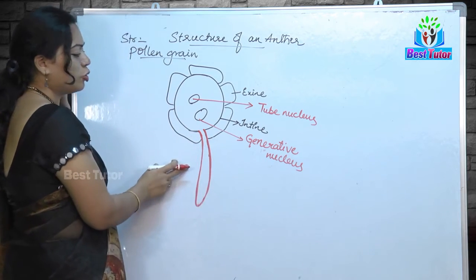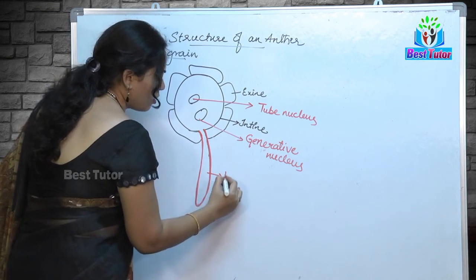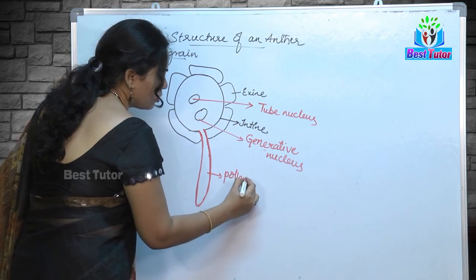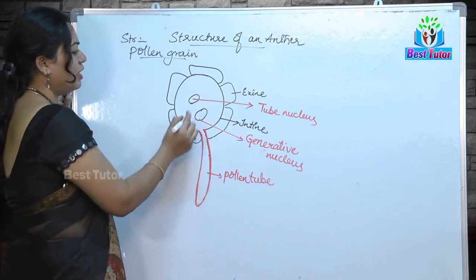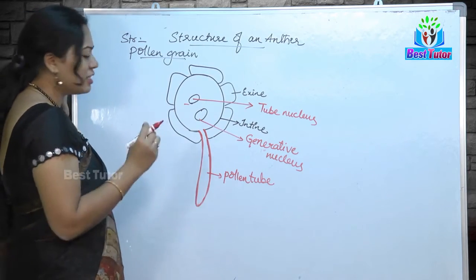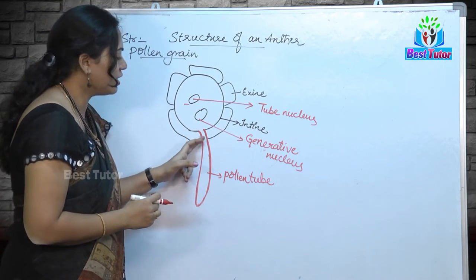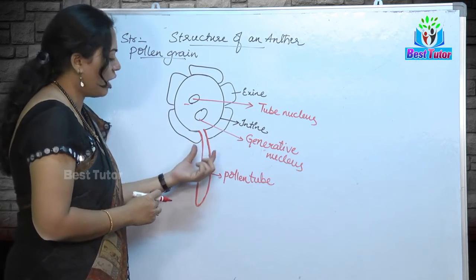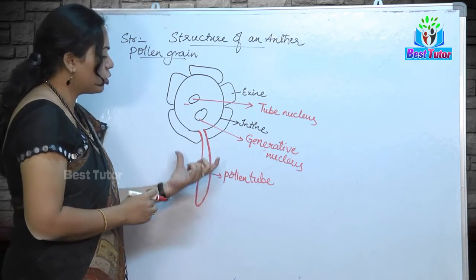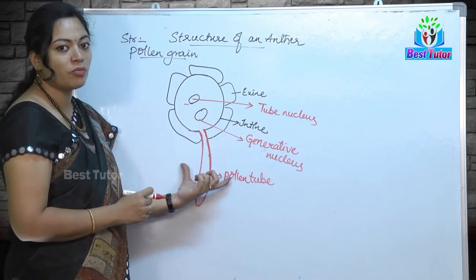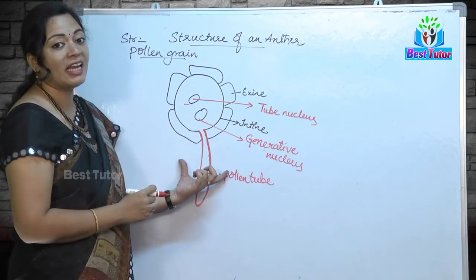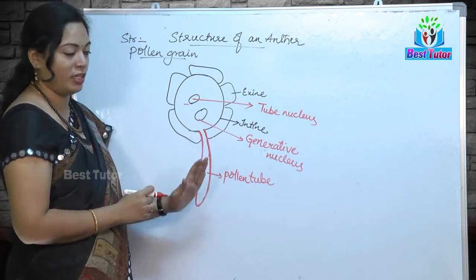So this tube-like structure we call a pollen tube. This pollen tube is formed by the tube nucleus. It is the one which is going to rupture the intine and exine of the pollen grain and form a tube-like structure through which the pollen grain can reach the gynoecium ovary part during the fertilization process after pollination.